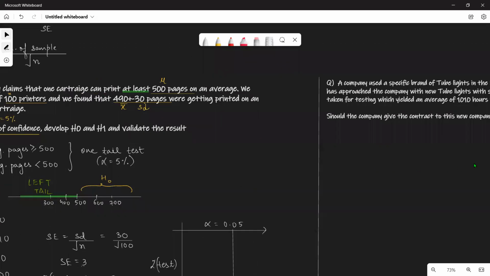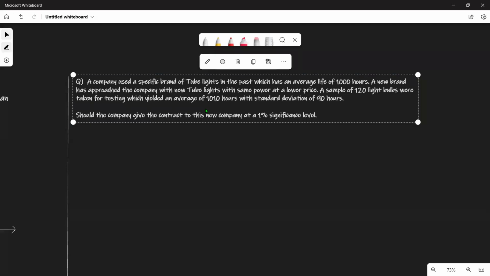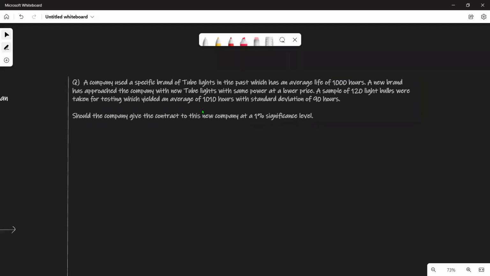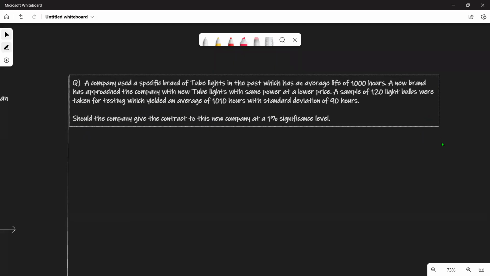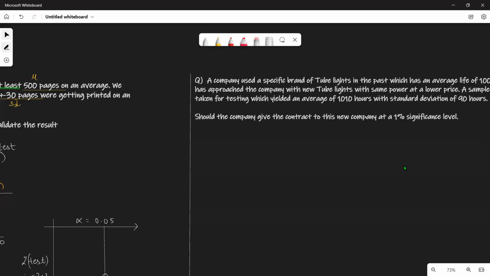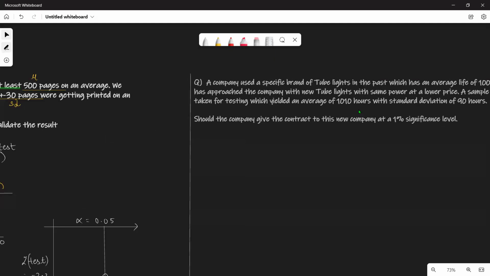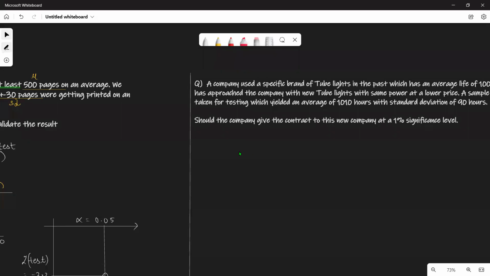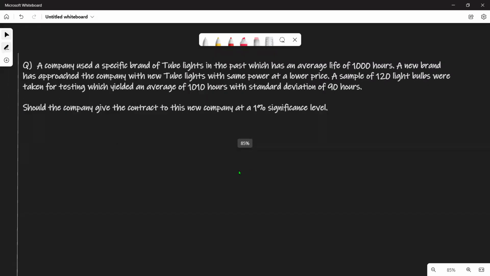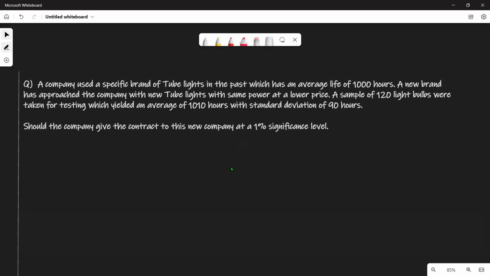Okay, so this is the question which we have. Just read this question once and then you can start solving. It says a company used a specific brand of tube lights in the past, which has an average life of 1000 hours.